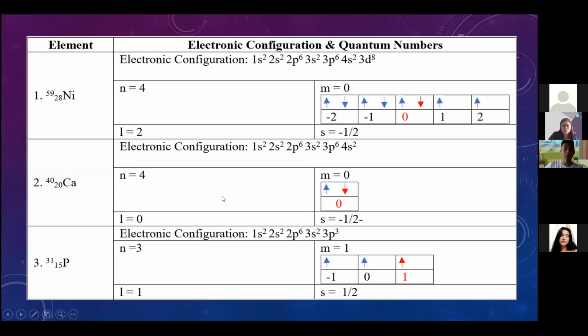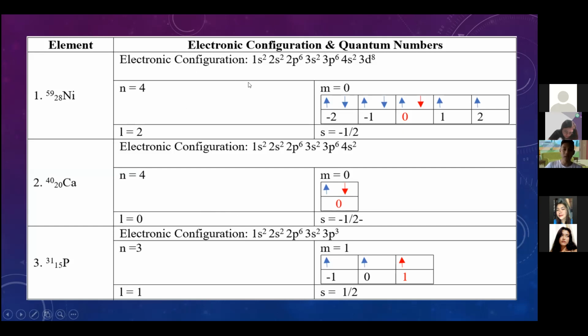For the next example, nickel, atomic number 28. Its electronic configuration is 1s2, 2s2, 2p6, 3s2, 3p6, 4s2, 3d8.